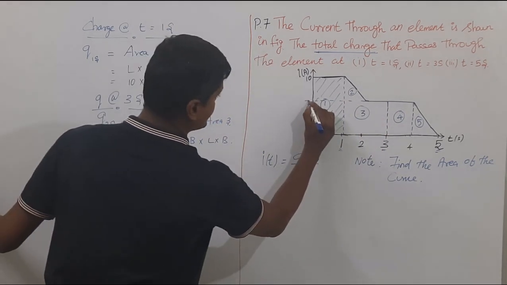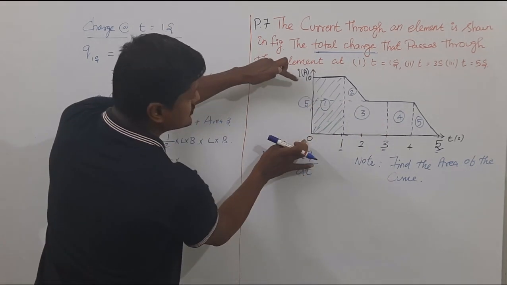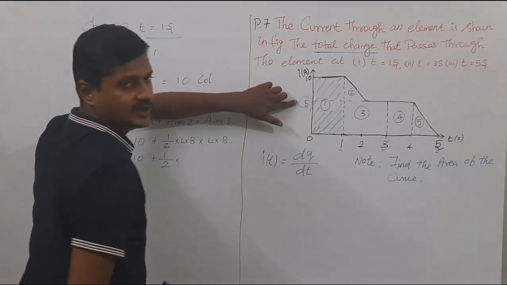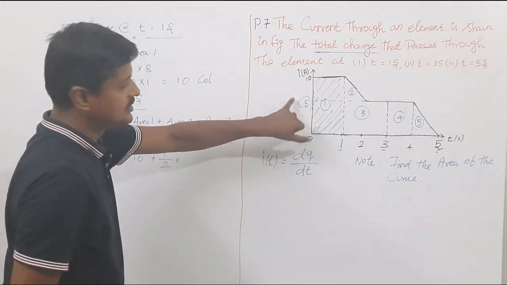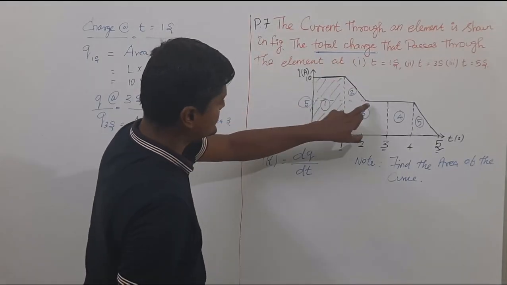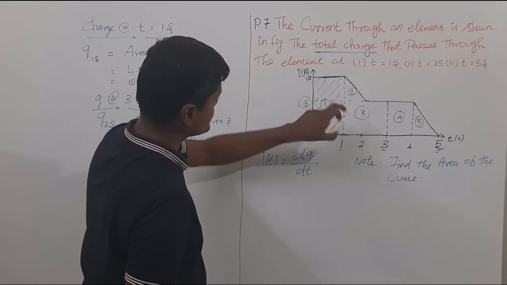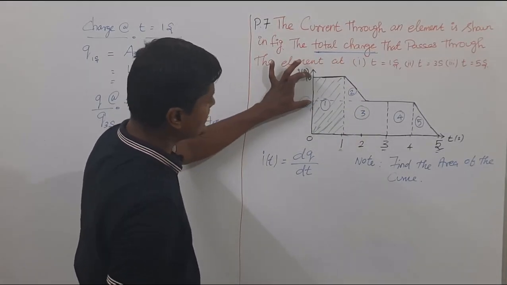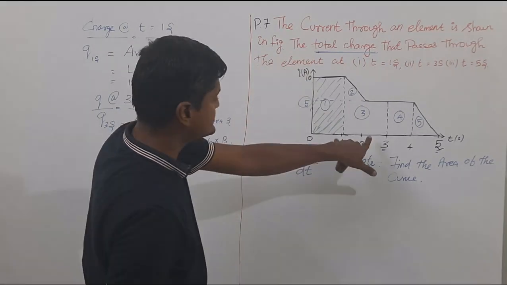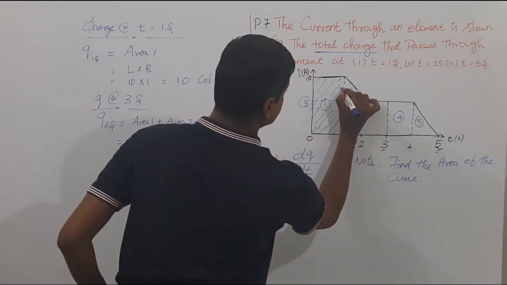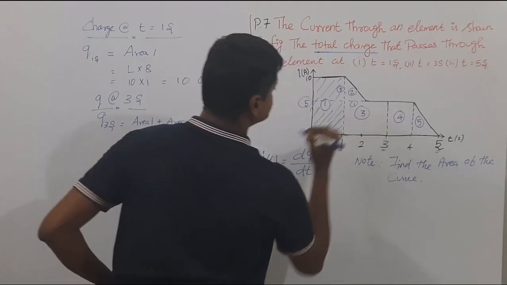This value is 5, from 0 to 10. So the value here is 5 and this is 1. So this is 5, this is 1.